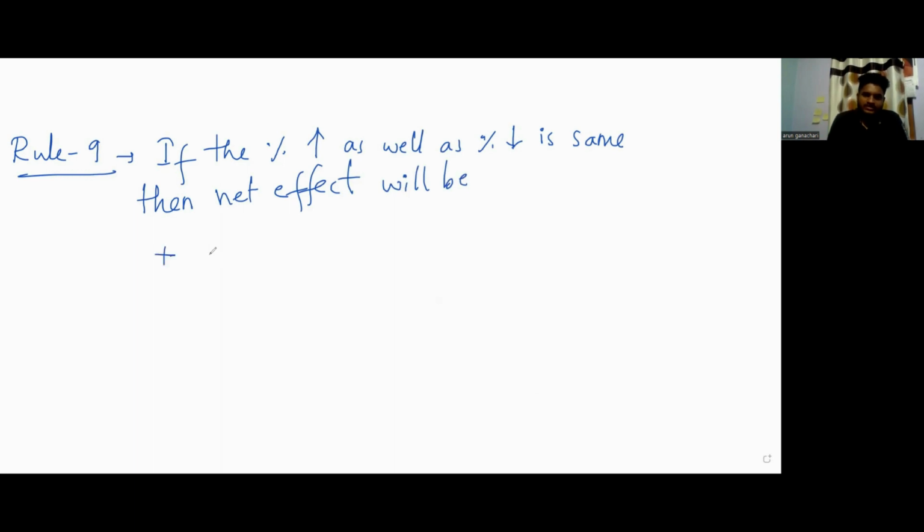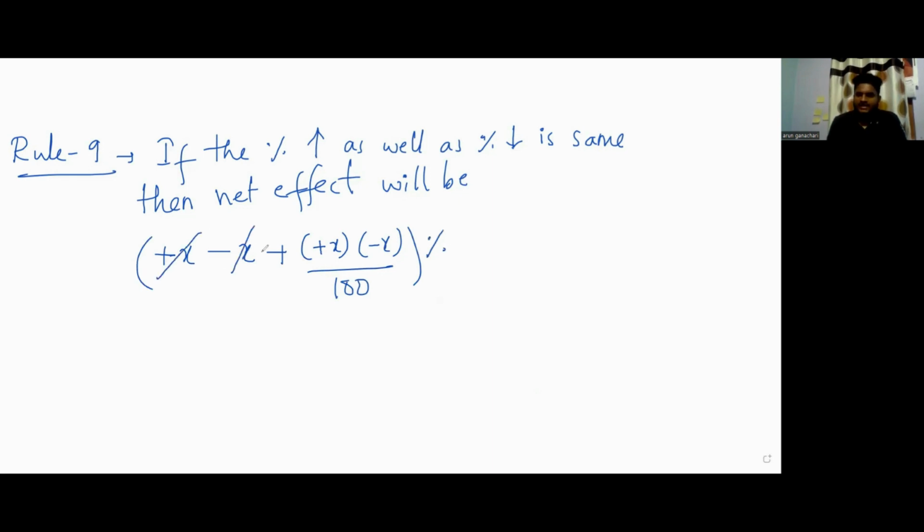It is plus x minus x, because the percentage increase value as well as decrease value are same. That means x and y both are same. So plus x minus x plus x into minus x divided by 100 percentage. The formula will change into this.